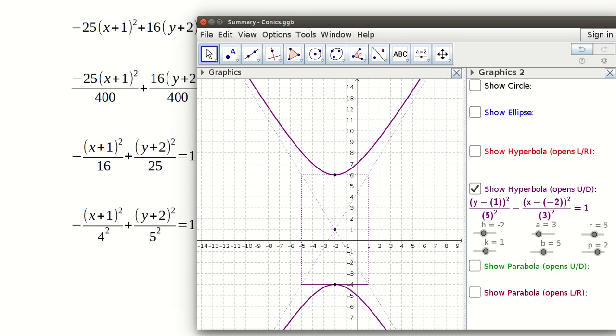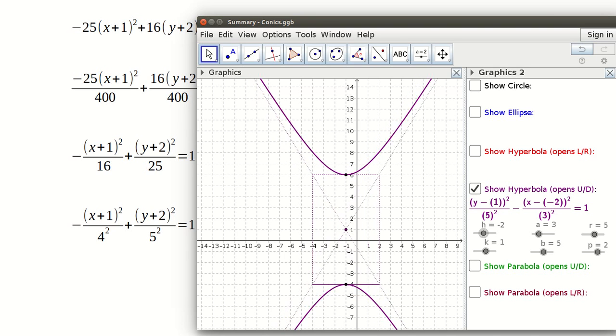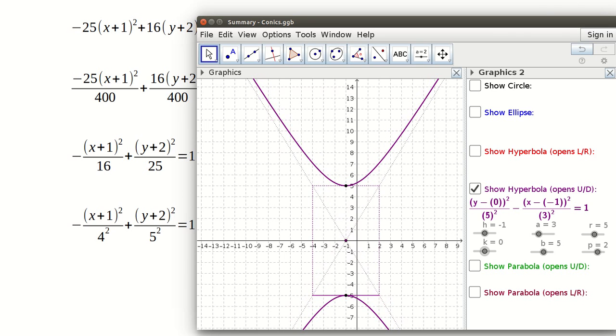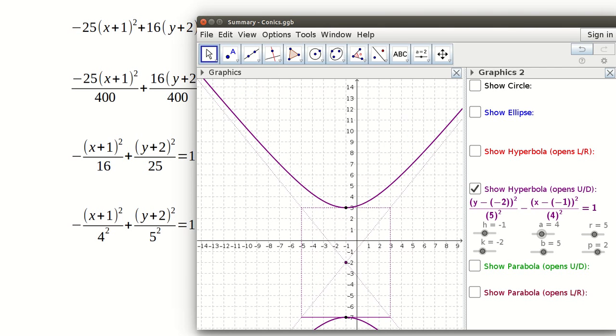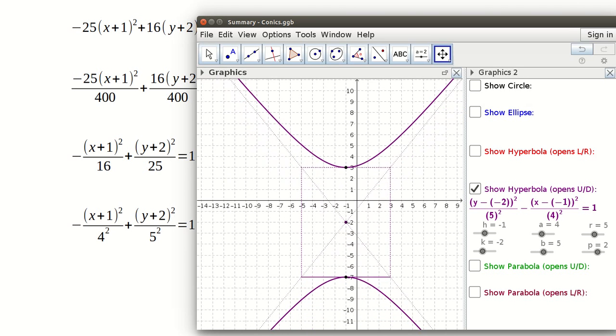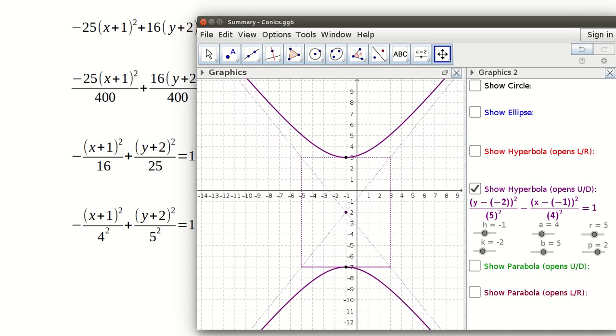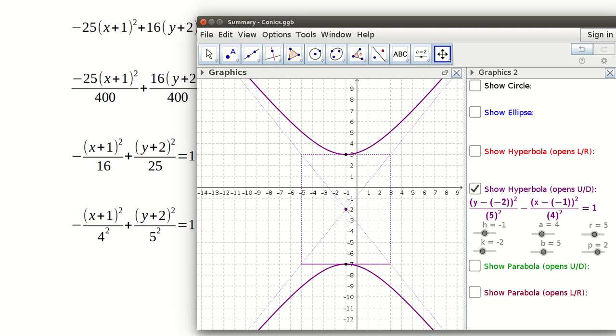It looks like our center is h equals negative 1, k equals negative 2, and it looks like our horizontal offset a is 4, and our vertical offset b is 5. So there's a graph of our hyperbola. We could move around, we could see a little bit more of it, and we can see all of its properties.